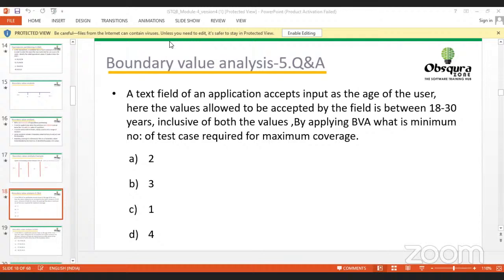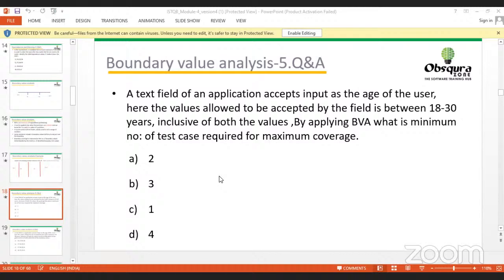Yes, it is correct. D is the correct answer. So how does it come? It is 18 to 30. So the lower bound and upper bound are given. 18 is the lower bound and 30 is the upper bound. So lower bound minus 1 is 17, then 18, then 30, then upper bound plus 1, 31. So 17, 18, 30, 31. These 4 are the boundary values.